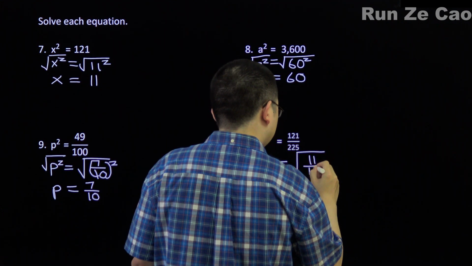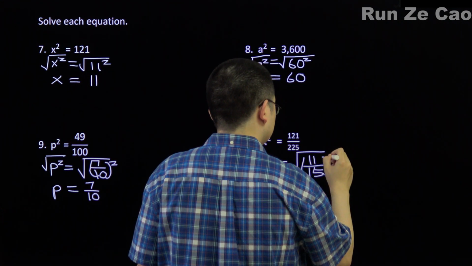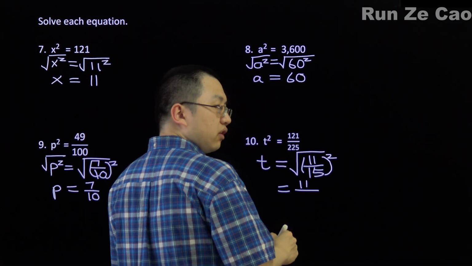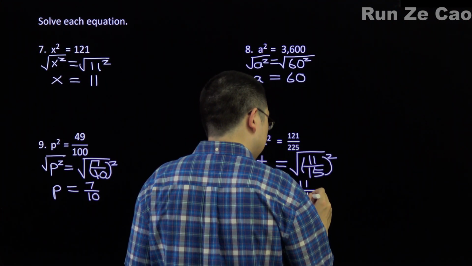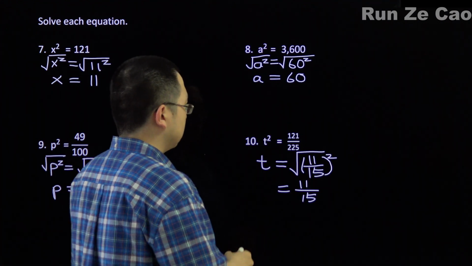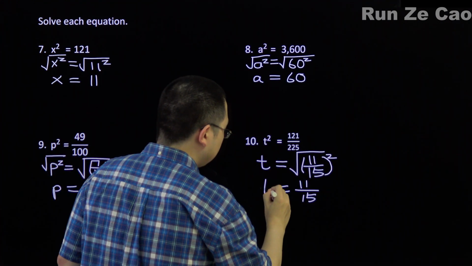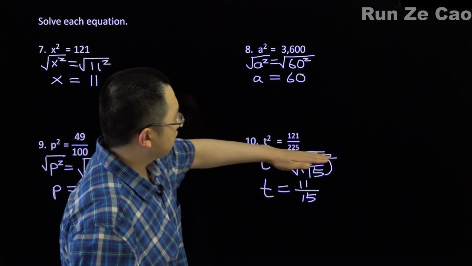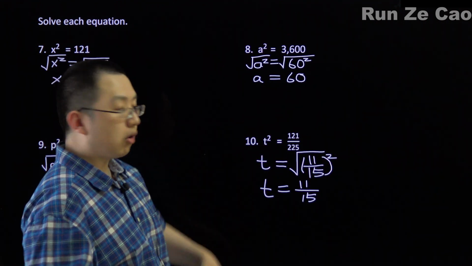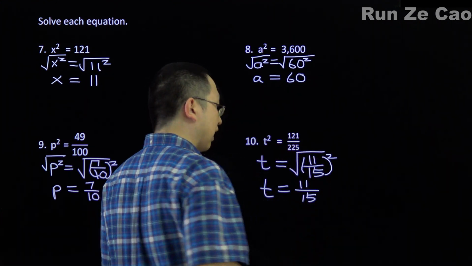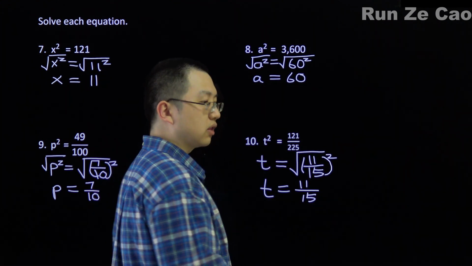Well, okay, yeah, we might as well write this down. So 11 over square root of 225 is 15. Yeah, so this is the sort of thing that's happening, but eventually you just omit this middle step altogether. Or it's going to be t equals square root of 121 over 225, and then just straight to this.